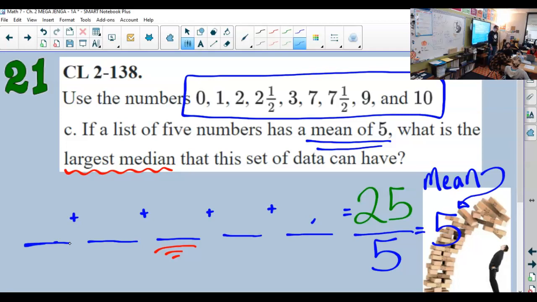Oh, well, wait, there's a better answer. 0, 0. Ooh, start with 0. And you said another 0? Yeah. 3. That's even smaller than what they gave me. 2 in the middle is even smaller than what they gave me. Oh, okay, good.